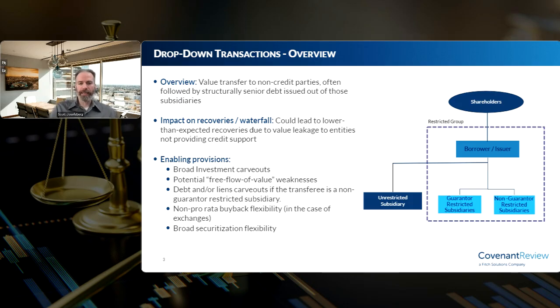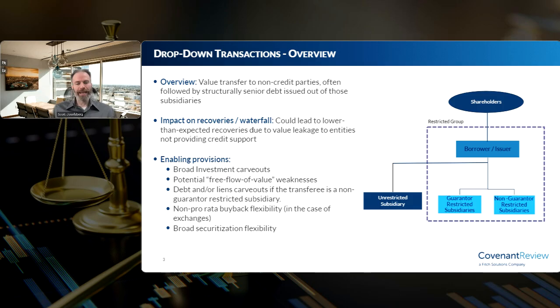Or put conversely, the debt of the borrower entity is structurally subordinated to the new debt of the non-guarantor. Usually this happens with an unrestricted subsidiary. When we get to the next slide, Ian's going to talk about the J.Crew Trapdoor a little bit. But for the most part, the J.Crew Trapdoor is not necessary.